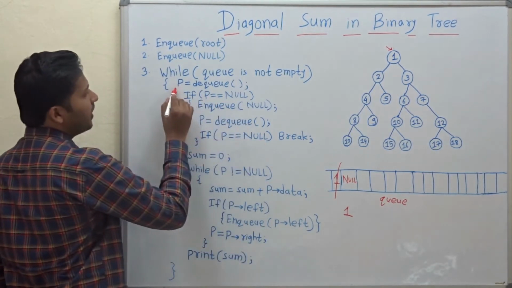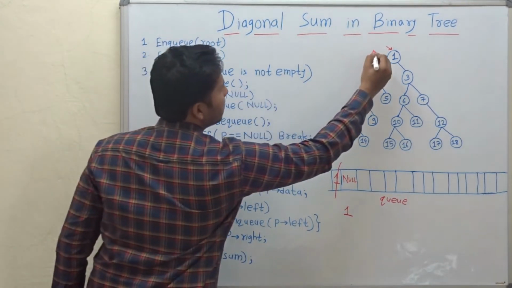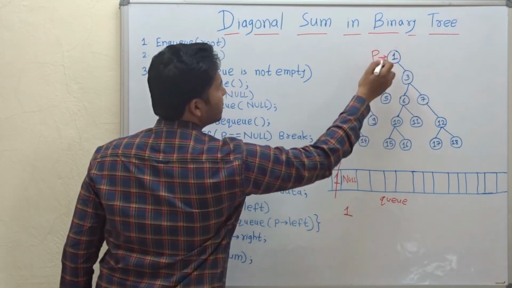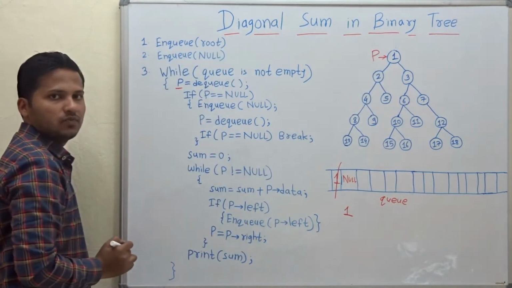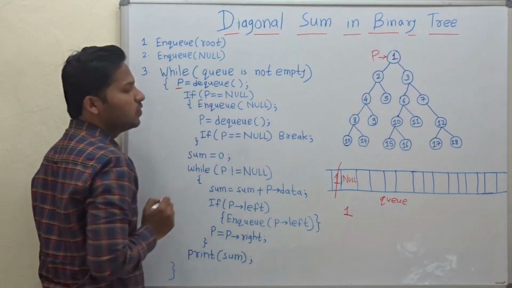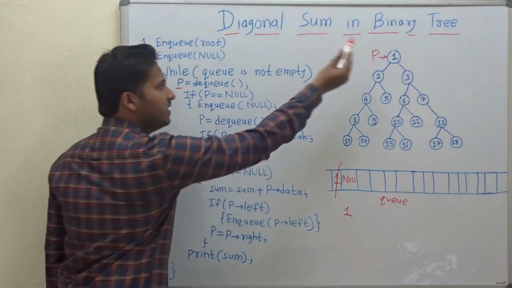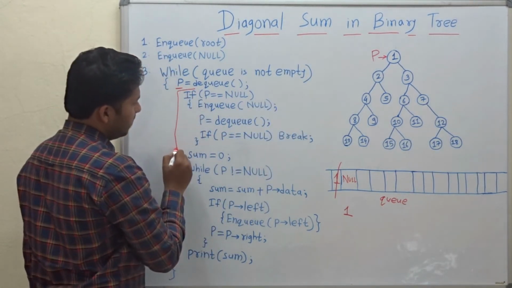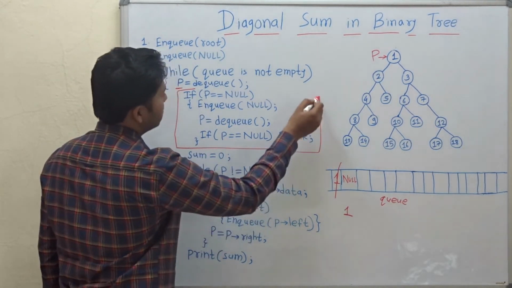So our pointer P will point to node 1. So our pointer P is pointing to 1 now. So let's go ahead. If P equal to null, but in this case it is not null. So let's not go inside this condition.